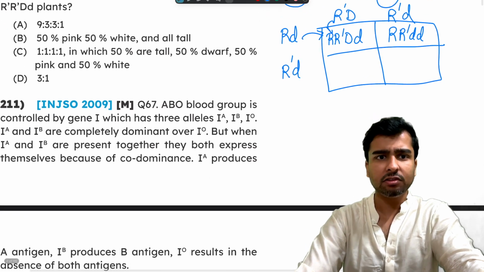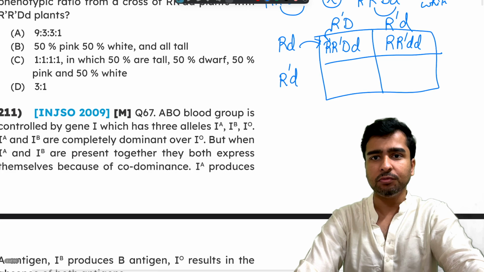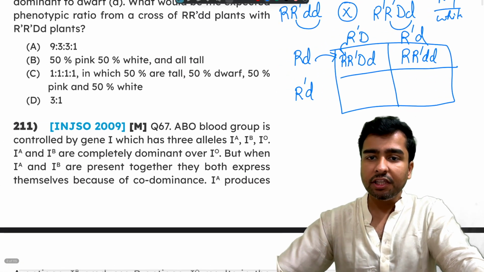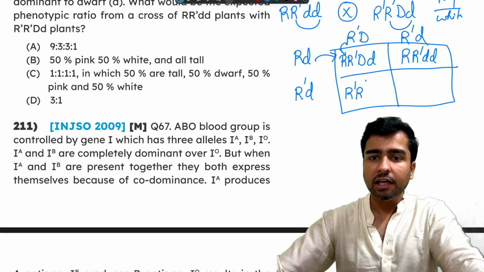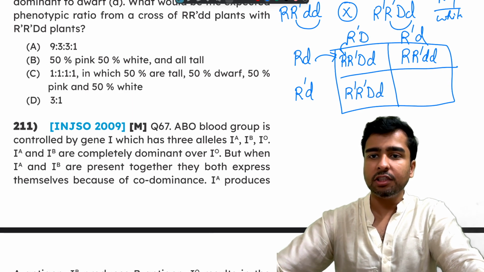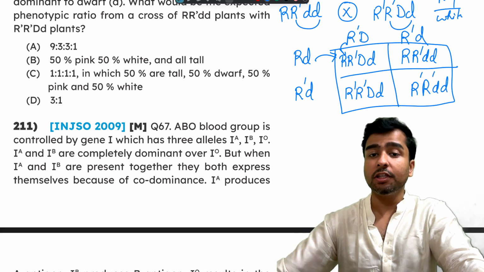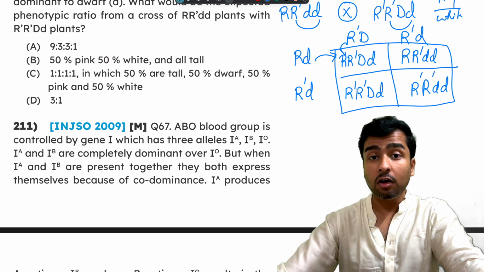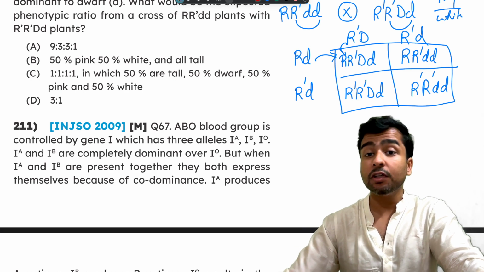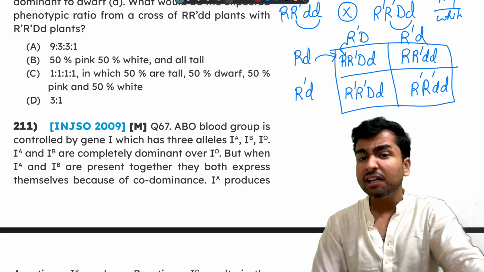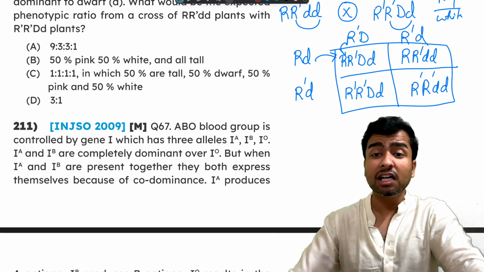Now, once again, R R dash, big D, small d, R R dash, small d, small d. So what are the four genotypes? The first one is R R dash.